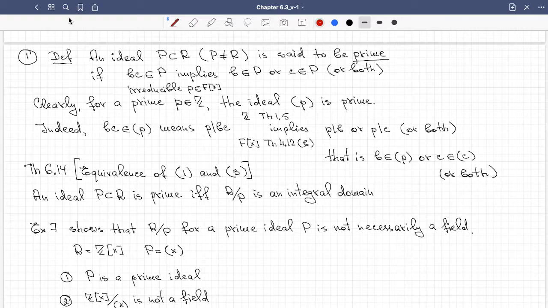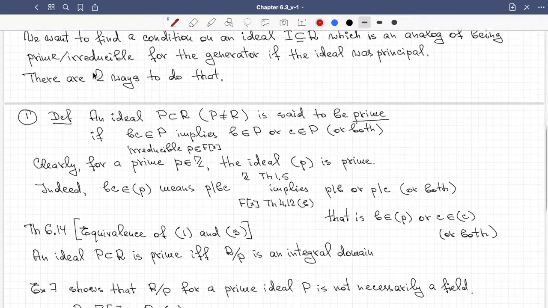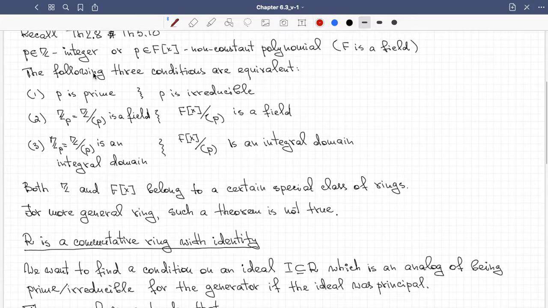So we continue. I promised another property of ideals, which is similar to the property to be a prime or irreducible: prime in the case of integers, irreducible in the case of polynomials.